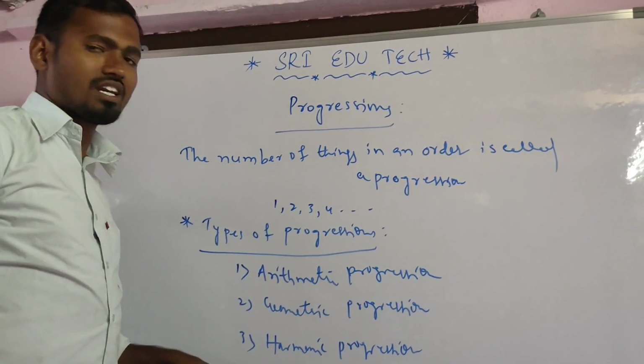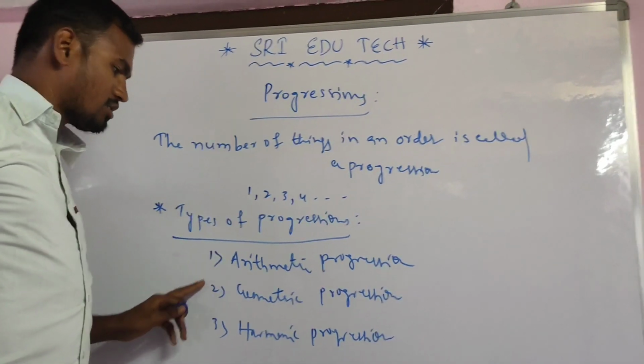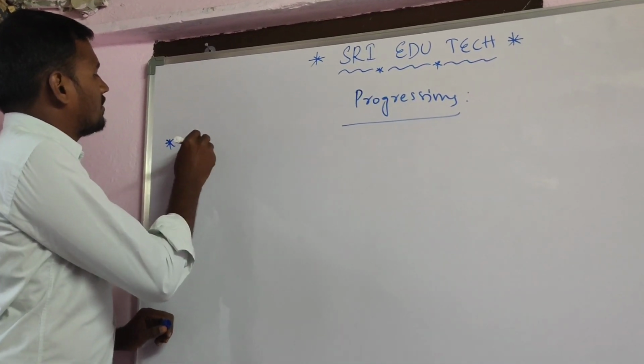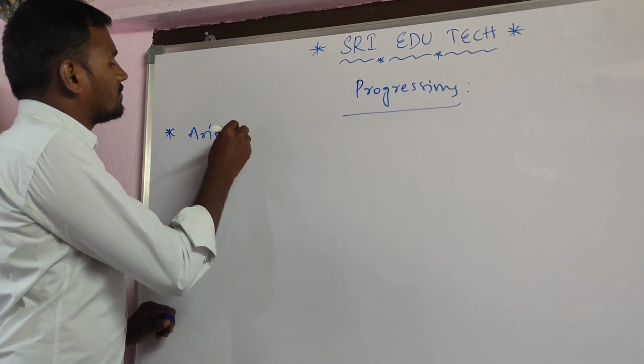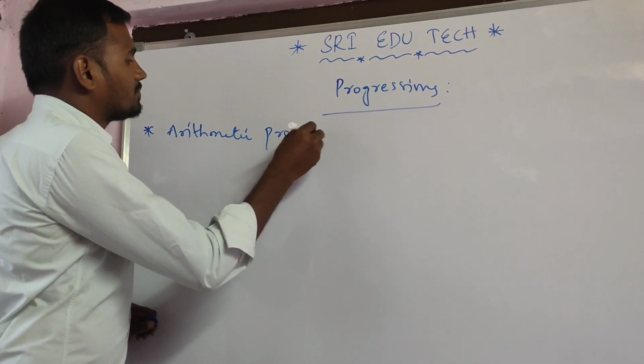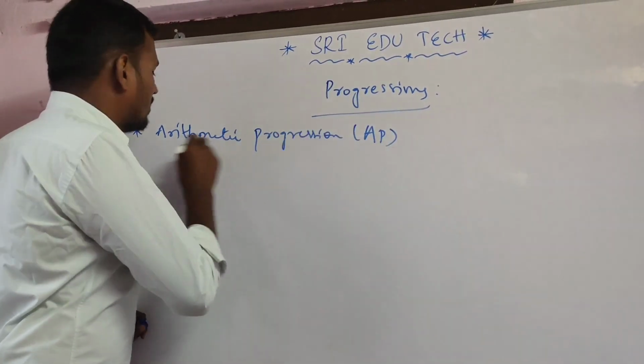We don't have harmonic progression in 10th class. These two only you have in 10th class. So now I am explaining these two. First, arithmetic progression, which can simply be written as AP.